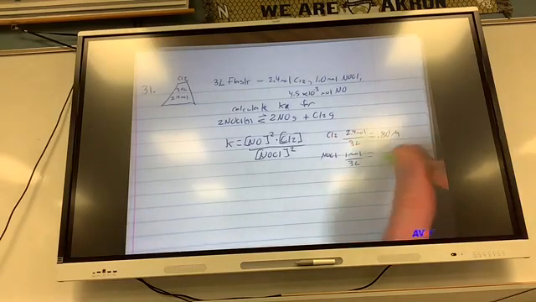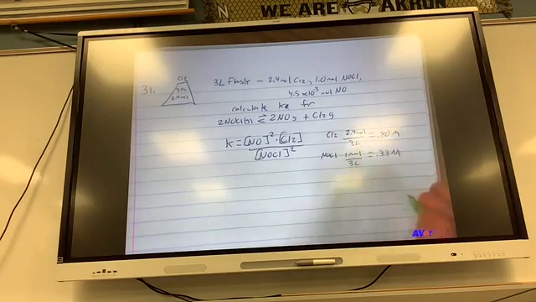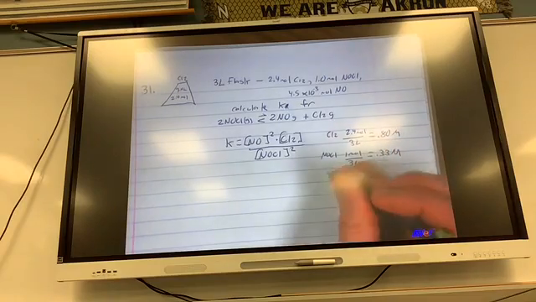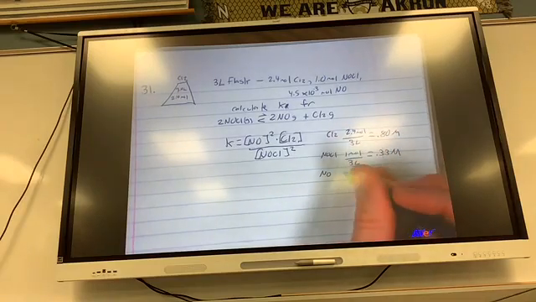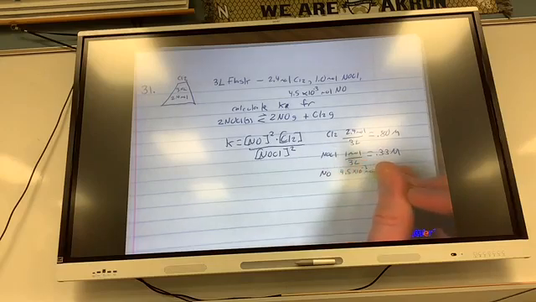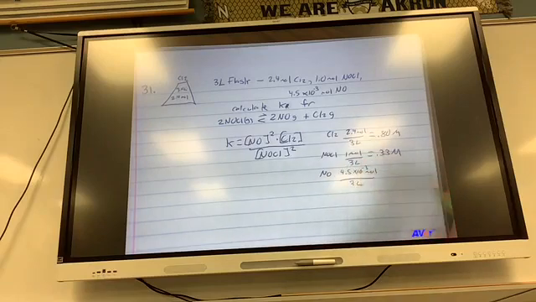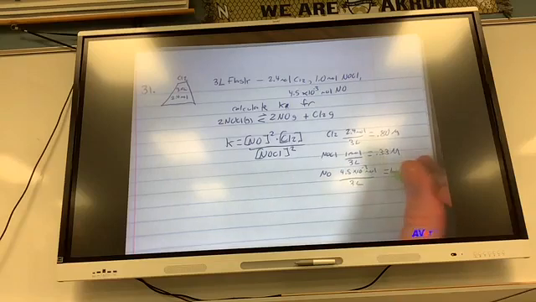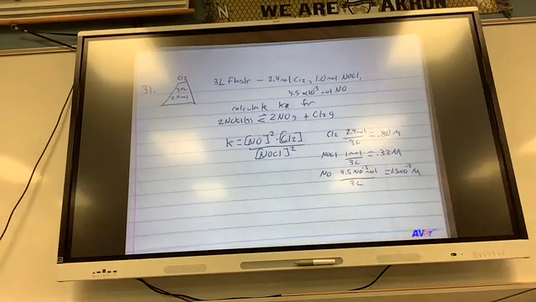So that's going to give you 0.33 molar. And lastly, for NO, I have 4.5 times 10 to the negative third moles per 3 liters. So on this one, that gives you 1.5 times 10 to the negative third molar.